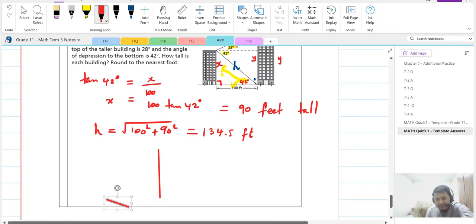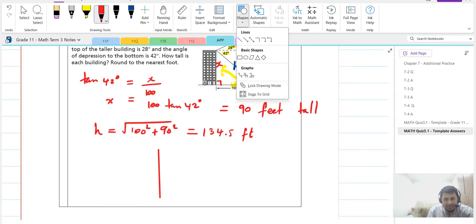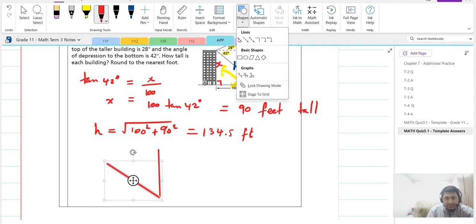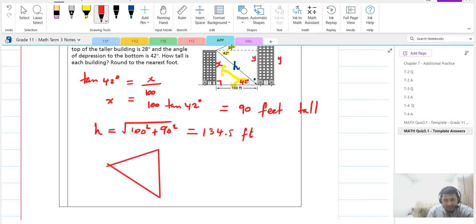Take this line out. We have a slant line going across like this. Yep, and we have something like this, right? So now we need to find y here. To find y here, remember we've got h, which is 134.5.